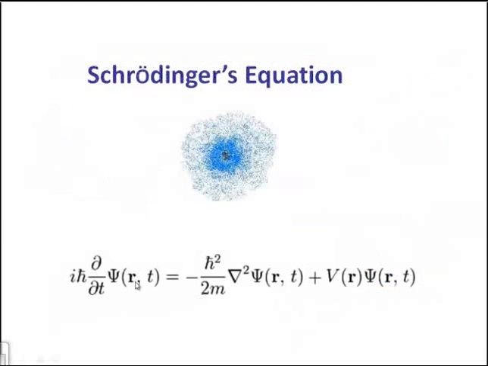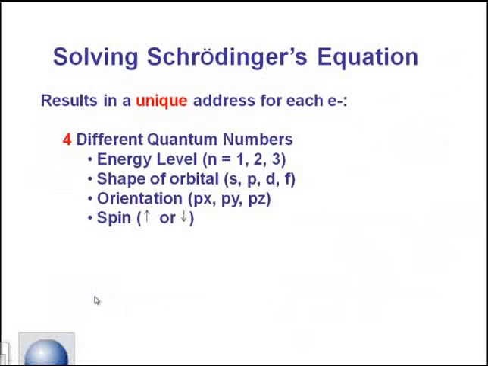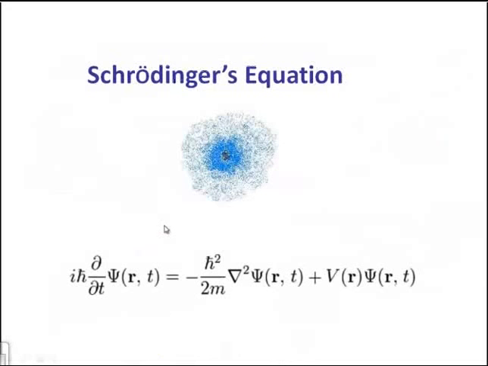But what Schrödinger said is you can predict the likelihood of where they're found. So here's a complex equation known as Schrödinger's equation. And if you take these and solve them, you end up defining the orbitals where electrons are most likely to be located. So if we just go back for a second, this area of dark blue would be an area where you are more likely to find an electron than in the area that has fewer dots.